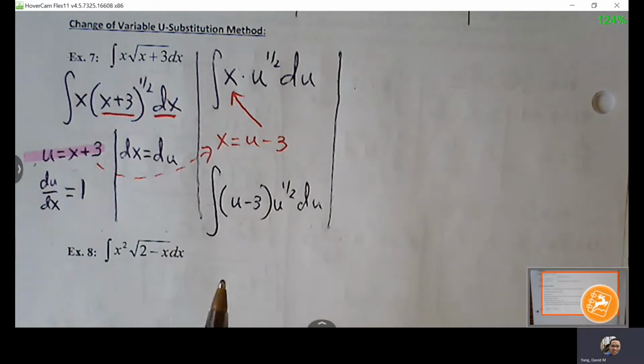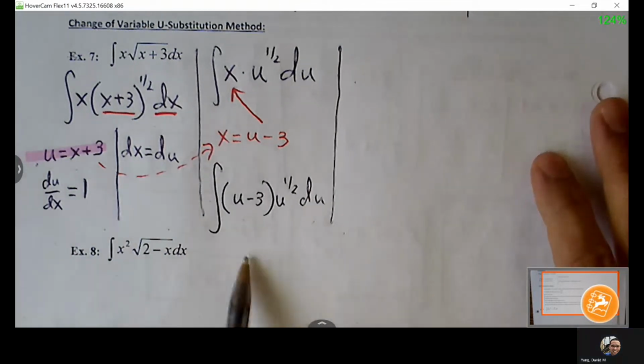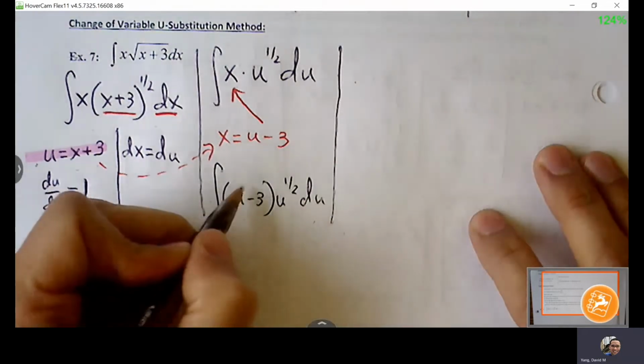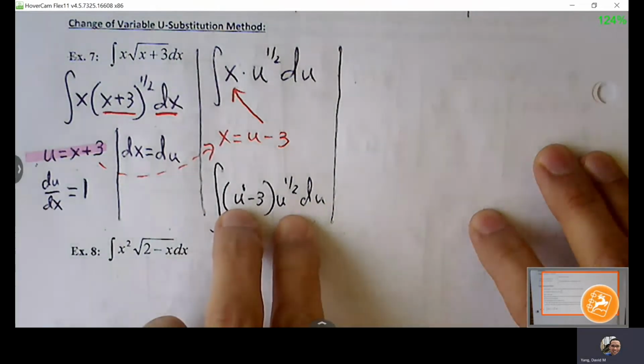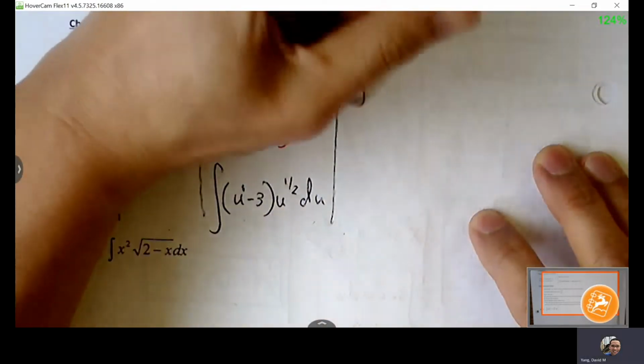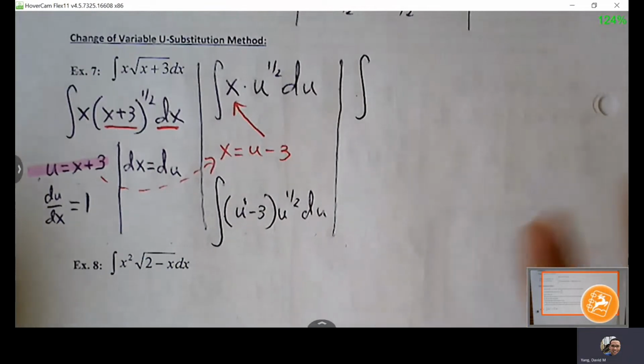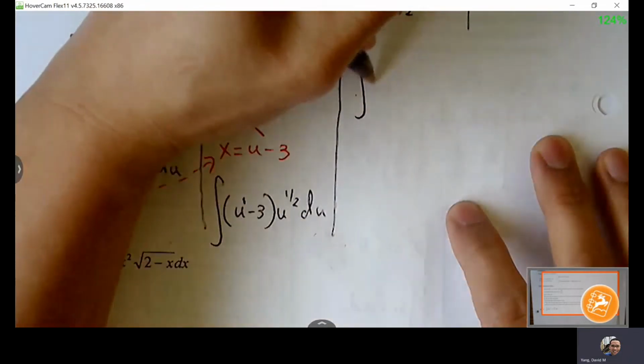To do power rule, we can't have any what? Yeah, we got to resolve the parentheses. We got to distribute everything through, get everything to be separate. Okay, so distribute that u to the 1/2 through. There's a hidden 1 here. So what's u to the 1 times u to the 1/2? 3 halves, yeah. Remember, this is not power rule yet, so we don't want to drop the integral. We're just trying to do some cleanup here.